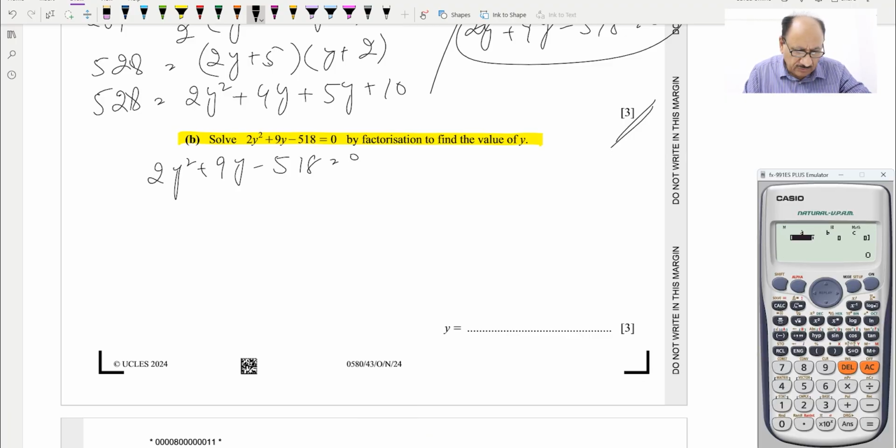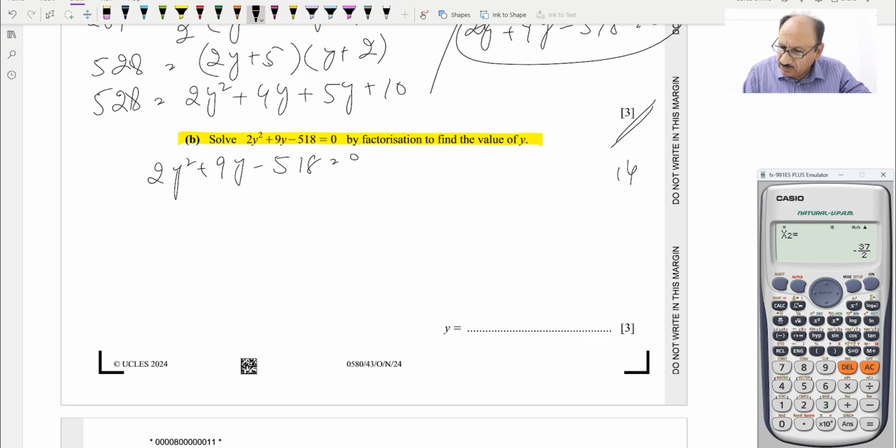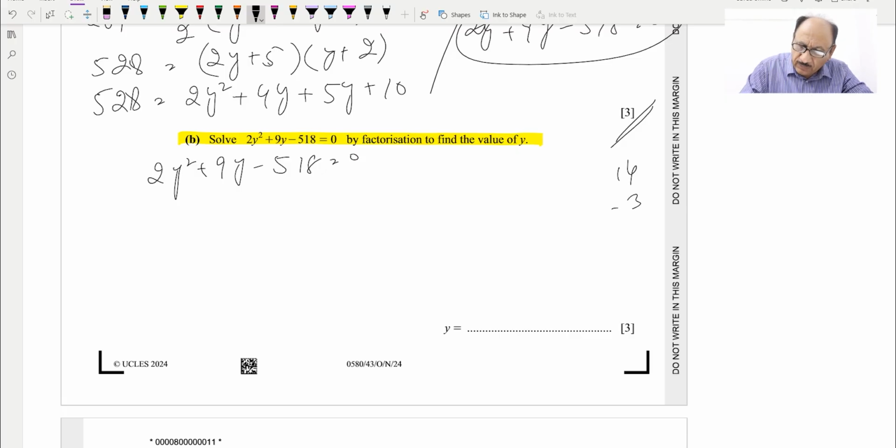Mode 5.3, we'll check for the pair. So the coefficient of y square is 2, the coefficient of y is 9, and the constant is minus 518, and this is giving us 14. One is 14, and the second one is minus 37 by 2.